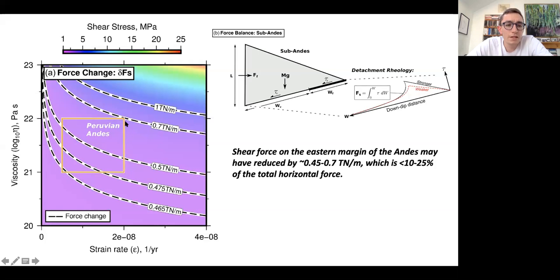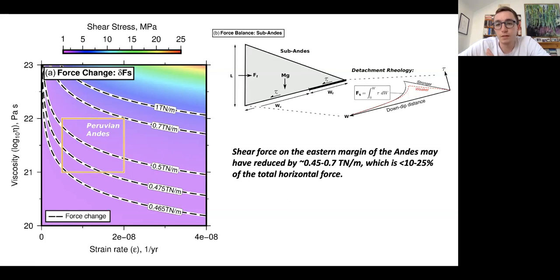What we find is that the range appropriate for the Peruvian Andes tells us that the horizontal shear force acting on the base of the subandean wedge must have decreased by about 0.45 to 0.7 teranewtons per meter. And that's less than about 10 to 25% of the total horizontal force balance across this region.